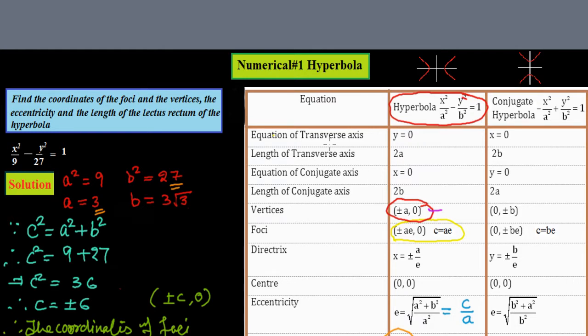The equation of the transverse axis is y equal to 0, all in the standard form of hyperbola, where the principal axis lies along the x-axis and the center lies on the origin. And the equation of the conjugate axis is x equal to 0, which is the y axis, as you see here in this figure.